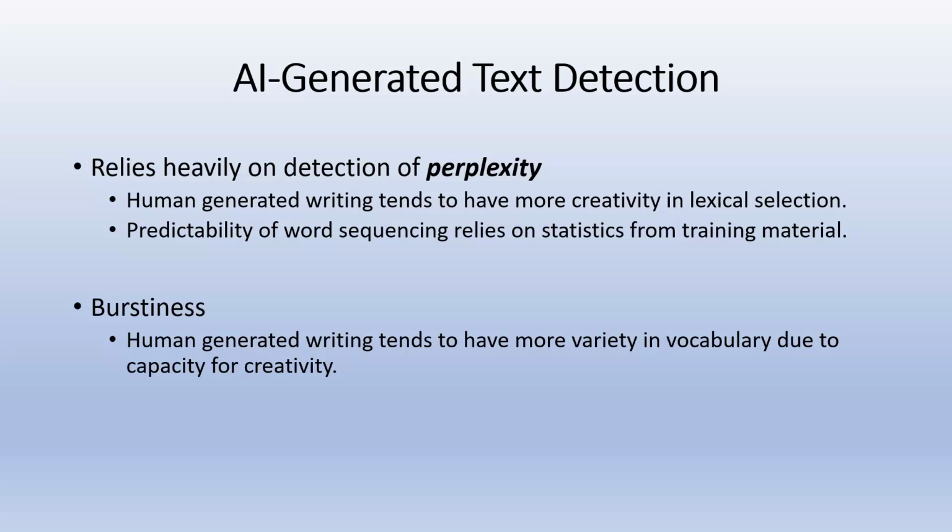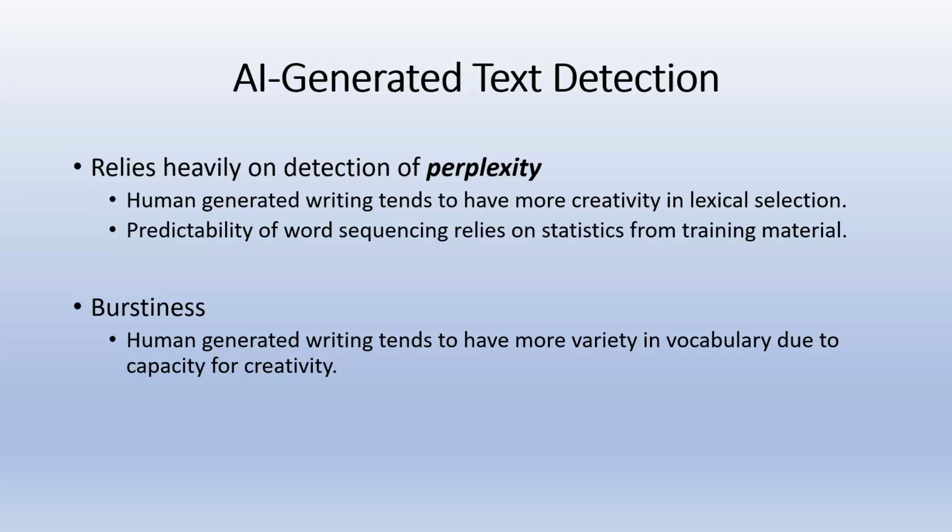And the reason for this is that it is presumed that humans tend to produce writing that is a little bit more creative in their selection of vocabulary items. And that the predictability that is seen in AI-generated text is all relying on statistics from the vast array of material on which they were trained.